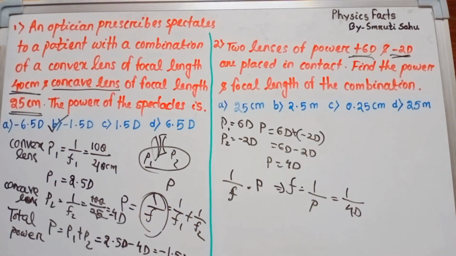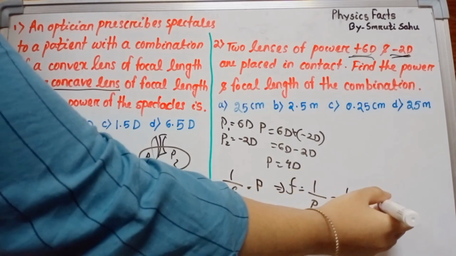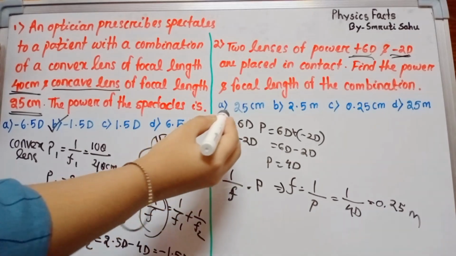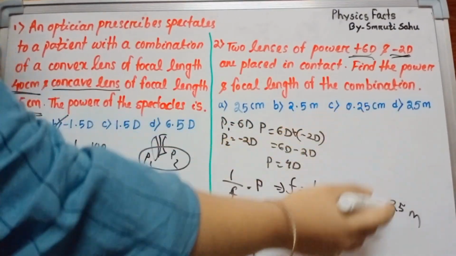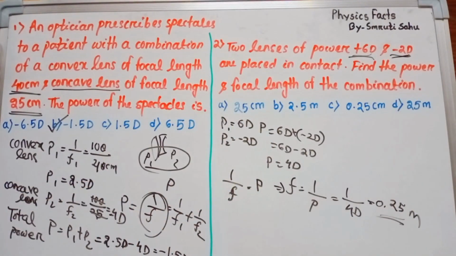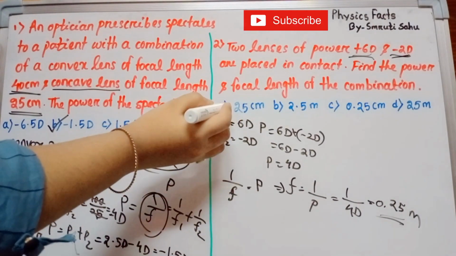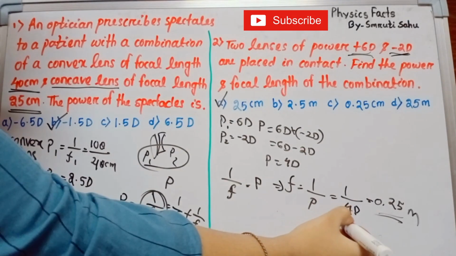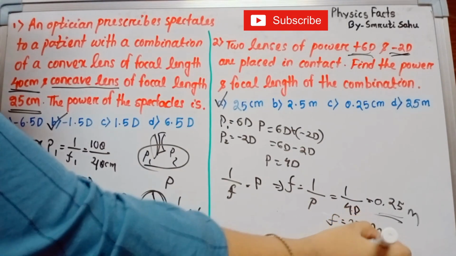So 1 by 4 equals 0.25 meter. In your given question, 0.25 meter is not given, but 25 centimeter is already given in your example. So your answer is f equals 25 centimeter. Okay students?